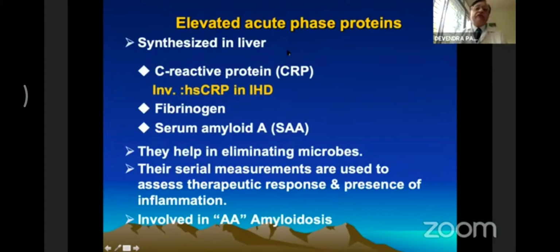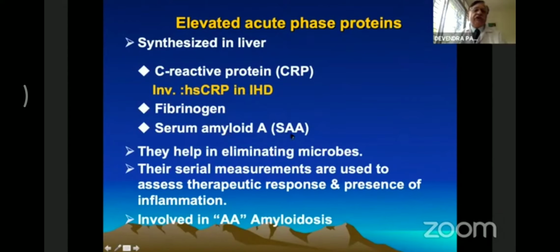Paradoxically, they are called acute phase proteins, but they rise in chronic inflammation, synthesized by the liver, and the level of high sensitivity CRP is measured for ischemic heart disease. We know atherosclerosis is now considered to be a chronic inflammation. So whenever atherosclerosis is developing, which may lead to ischemic heart disease, the levels of high sensitivity CRP are high, so that is more important.